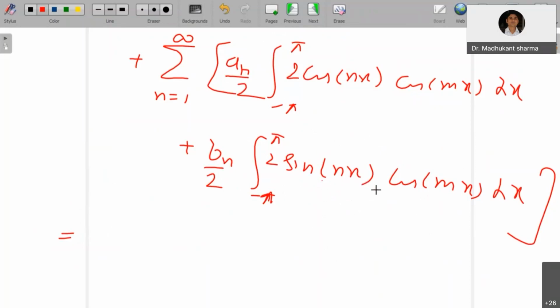So I am going to write now only the second term, summation n equals 1 to infinity a n by 2, integration from minus pi to pi.